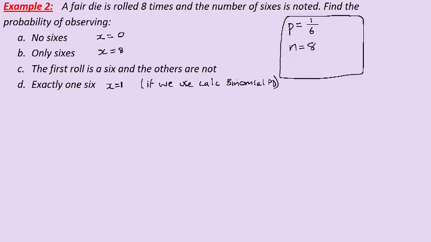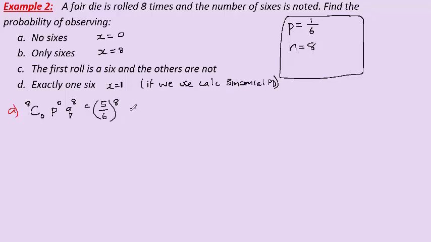So let's have a look at, first of all, part A. The probability of rolling no 6s with 8 dice rolls will be 8C0, no 6s, then the probability of a 6 to the power of 0, and the probability of not a 6, which will be q, to the power of 8, which will really be 5/6 all to the power of 8.